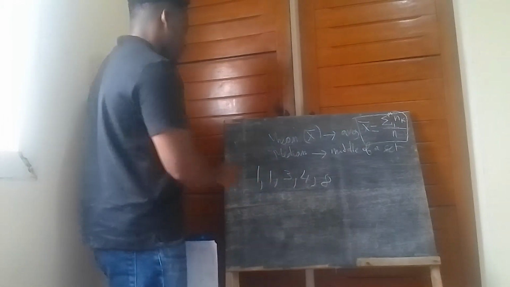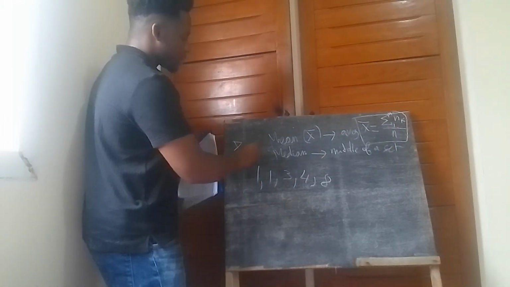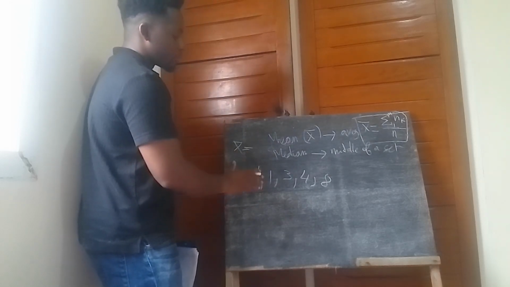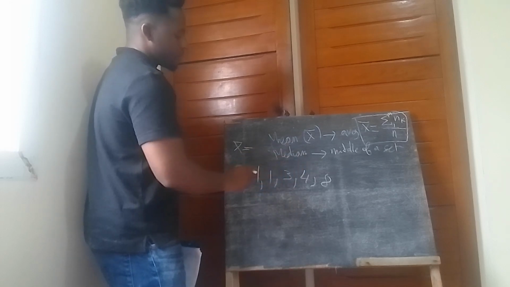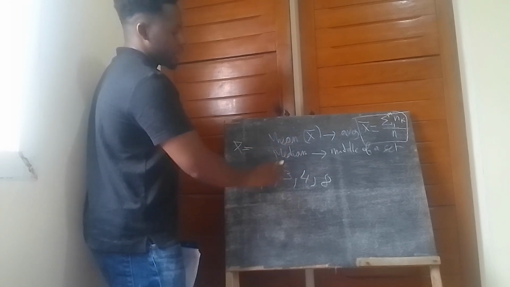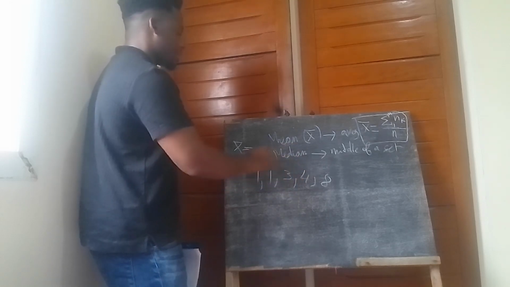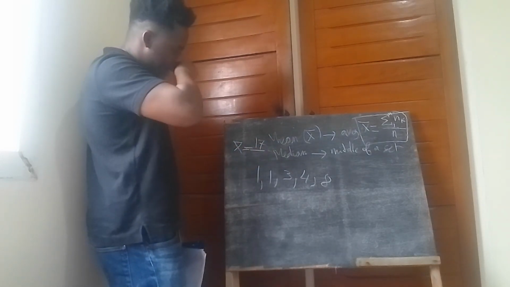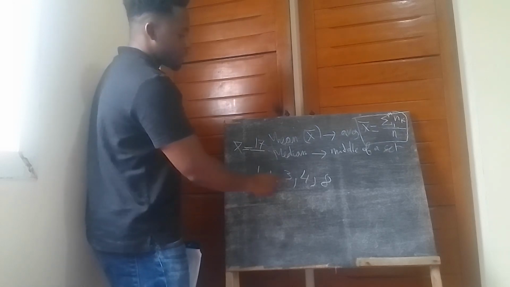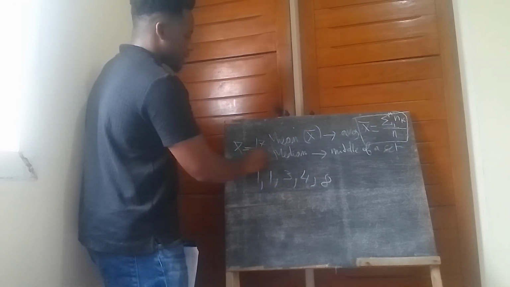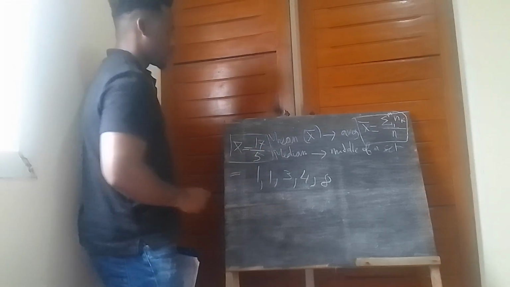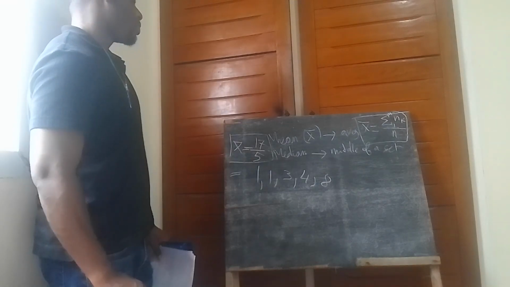In this case, the mean is 1 plus 1 plus 3 plus 4, this is 5, 5 plus 4 is 9, this is 17. So it's basically 17 divided by the 5 numbers in the set, so it's 17 out of 5.